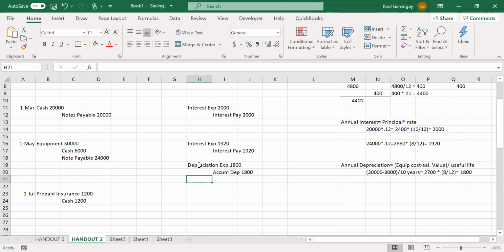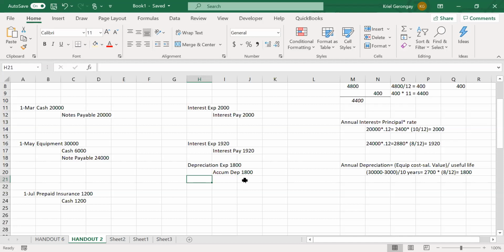Does any one of you have a question about what we did here? Don't be shy. Where did you get the 3,000 from? Oh, that's the salvage value.